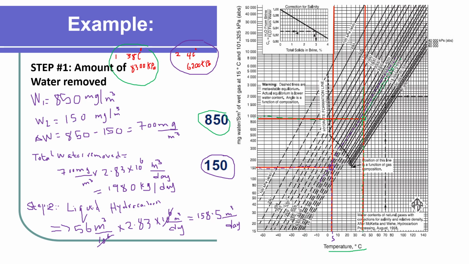And since you have the volume, if you multiply it by the density, which is given in the question to be 778, you get the mass. And if you divide it by the molecular weight, which is 140, you get the molar flow rate per day. But here we calculate the total volumetric flow rate of the liquid hydrocarbon produced every day.